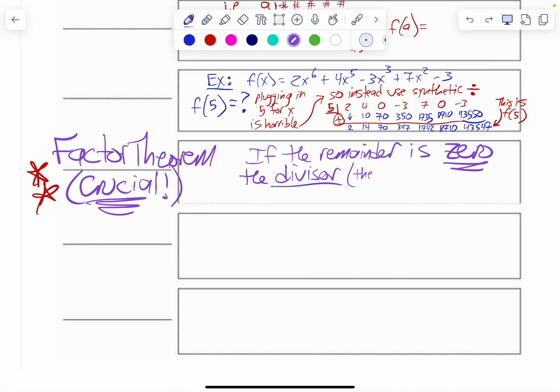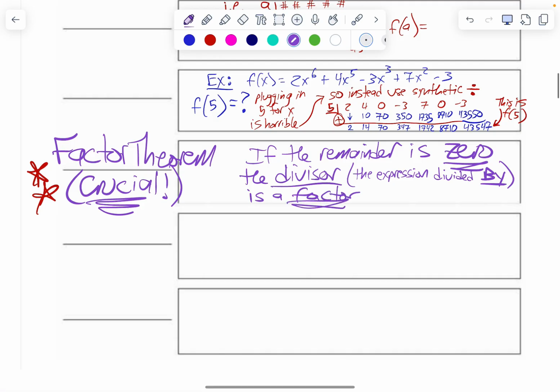The expression that we divided by. So make sure you emphasize the word by. It's not what's being divided, but what's divided by. Anyway, if the remainder is 0, the divisor is a factor.